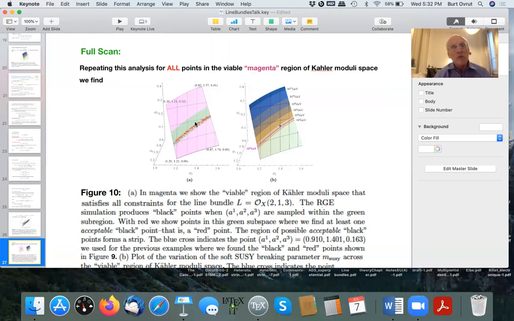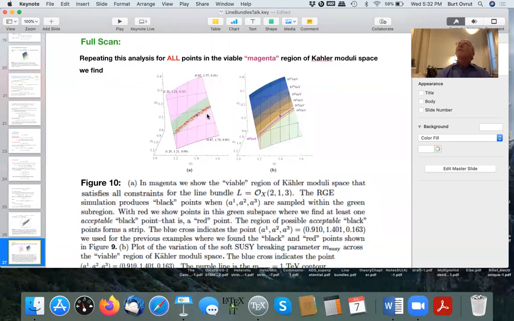We get very beautiful red points that satisfy not only low energy criteria, but also this red point criteria, meaning that it's correctly associated with the W and Z mass coming out correctly when you run it back to high energy. So that's very important that we get such points.